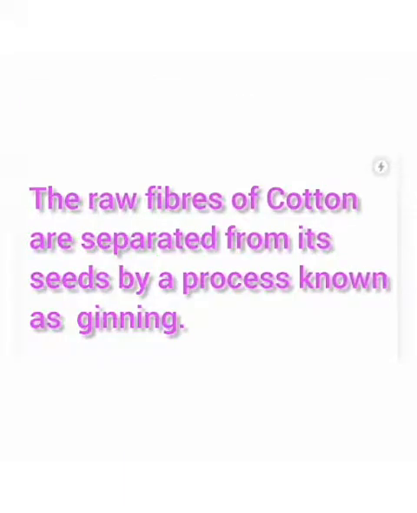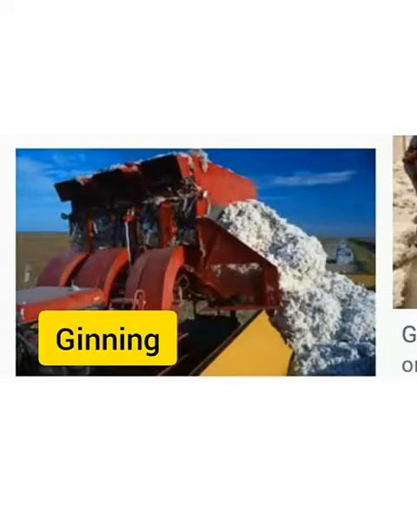Do you know what is ginning? The raw fibers of cotton are separated from its seeds by a process known as ginning. The fibrous material left after separating cotton seeds is called lint.